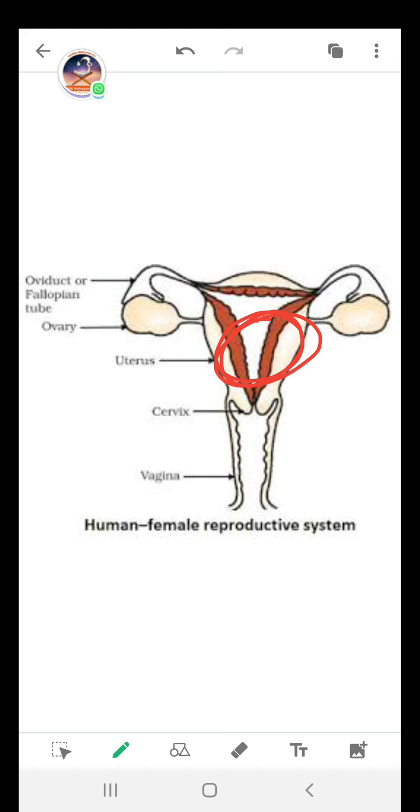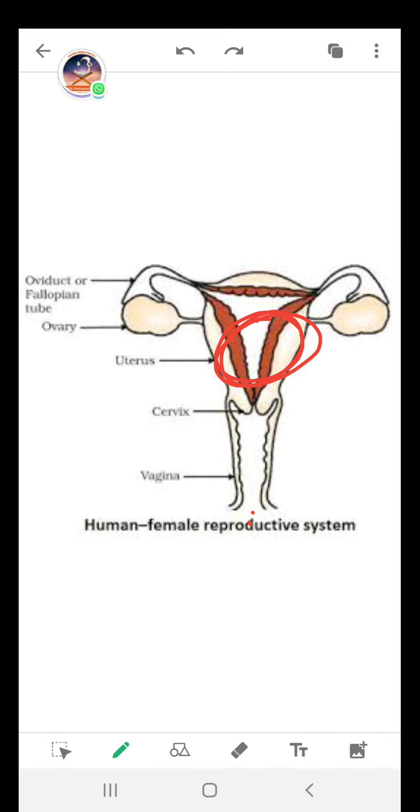The vagina receives the penis for putting sperms into the woman's body, and the vagina is a tubular structure. It is also called the birth canal because it is through this passage that the baby is born.